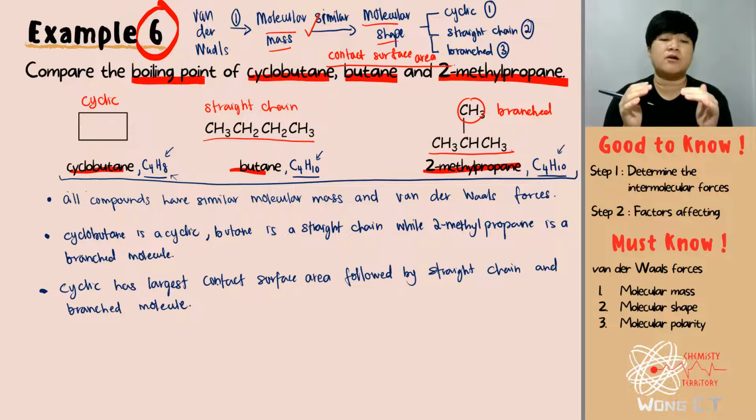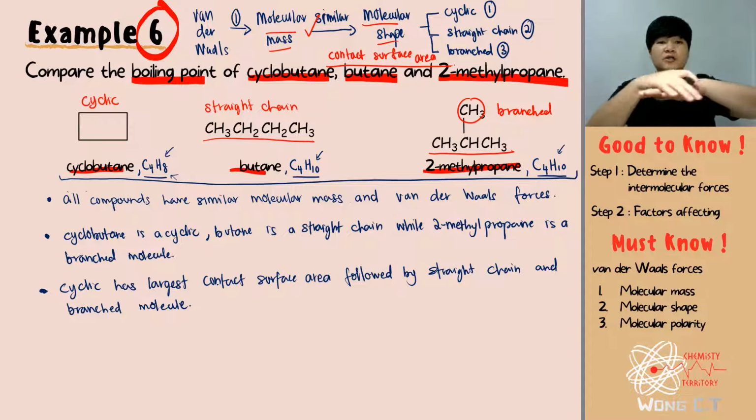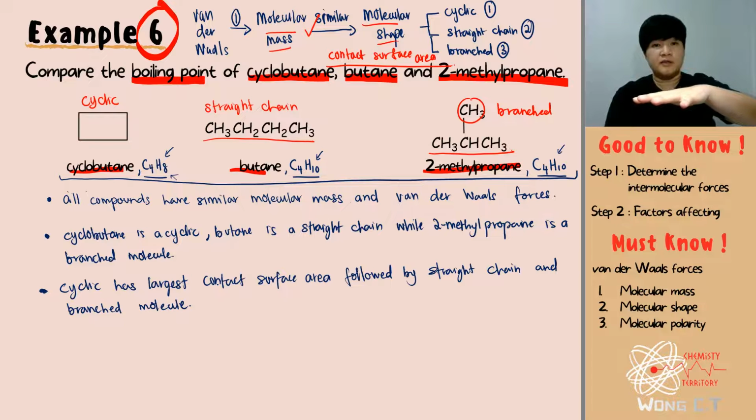And why when the contact surface area is largest, the boiling point is higher? Simple. When you have a large contact surface area, the area for the van der Waals forces to form is larger. So when you have a big area, more van der Waals forces can be formed. Alright? So when more van der Waals forces can be formed, straight away van der Waals forces will be stronger. Compared to the branch molecule.